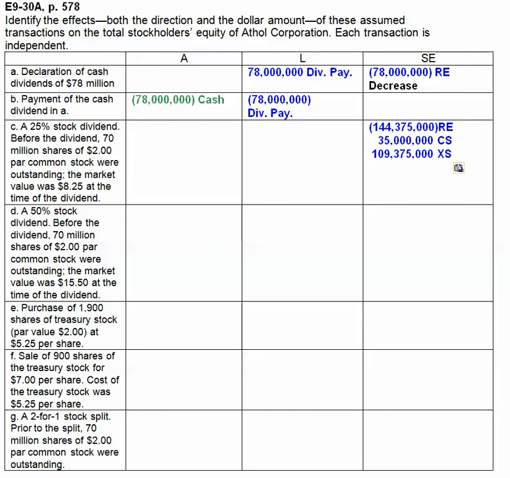So the effect would be 70 million, which again is the $2 per share times 70 million times 50%. We do not use the market price. We use the par value. It's an accounting rule.